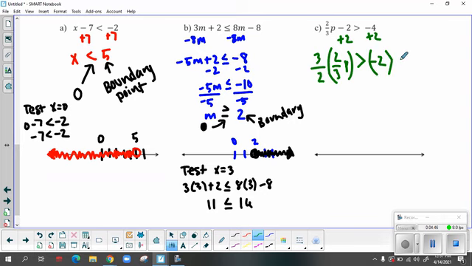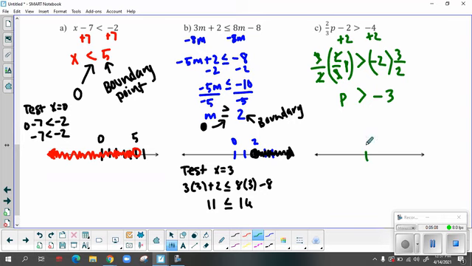So we just are left with p on the left-hand side. So 3 cancels with 3, 2 cancels with 2, and we have p is greater than negative 3, because negative 2 times 3 is negative 6. Negative 6 divided by 2 is negative 3.